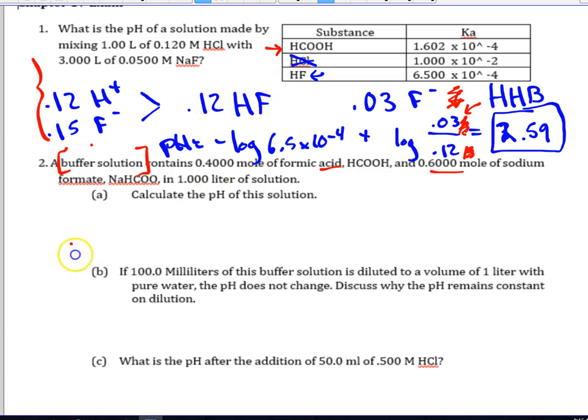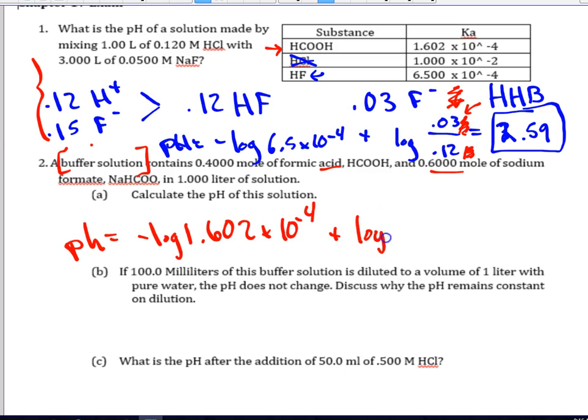It asks the pH. It's the negative log of that Ka, 1.602 times 10 to the negative 4th, plus the log of B, which it just gave you was 0.6, over A, which it gave you was 0.4. Okay? Don't find the difference and do the math that you did here, because the chemistry is already done.